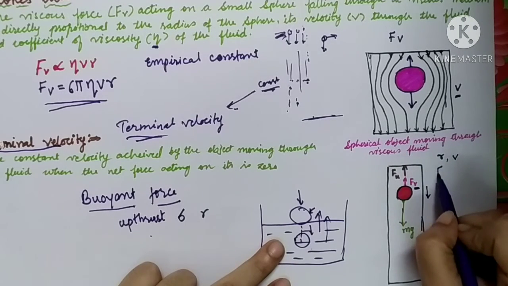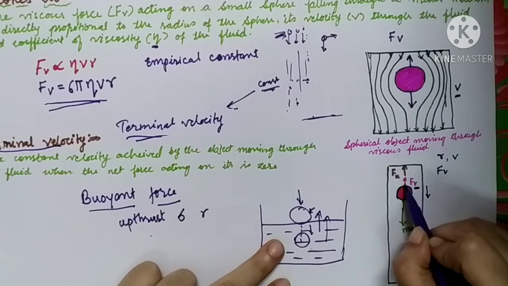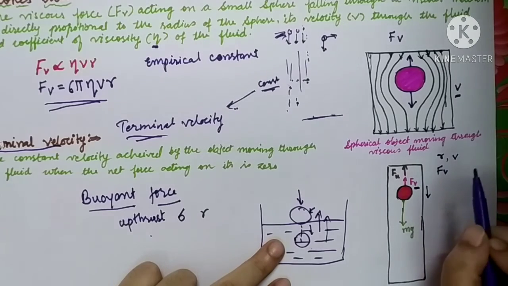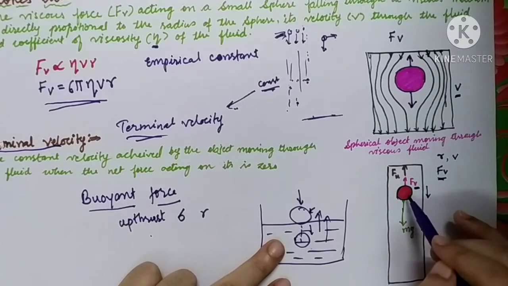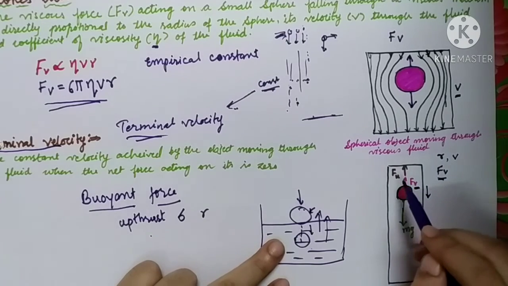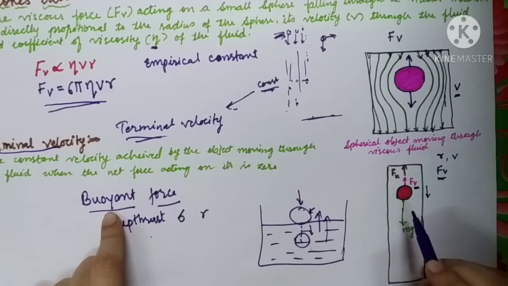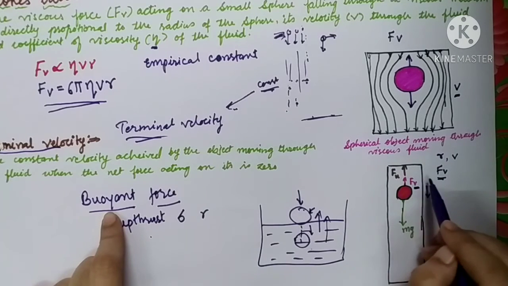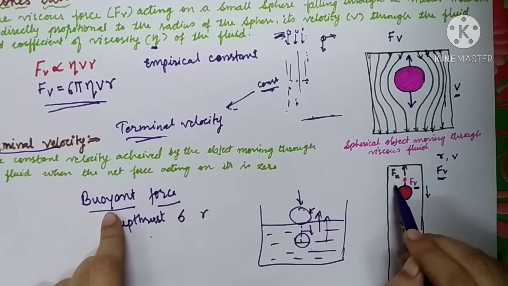So let Fv be the viscous dragging force, which is directed upward here. And along with this viscous drag, the object is also going to experience the buoyant force or the upthrust force. So in the upward direction there are two forces, viscous drag as well as upthrust force.